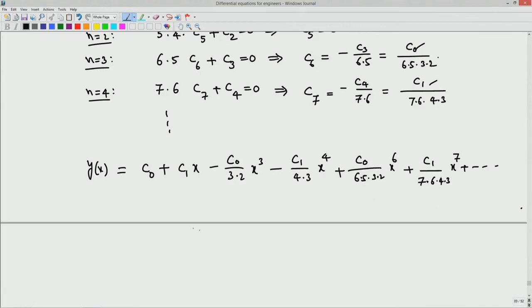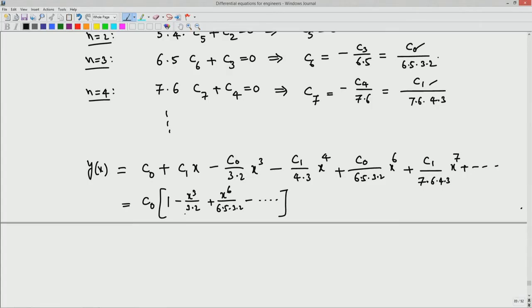Okay. This is what you got. So, now everything is in terms of either C0 or C1. So, collect the coefficient of C0: 1 minus x cube by 3·2 plus x power 6 by 6·5·3·2. Every time you calculate again you can expect minus and dot dot dot. Okay.